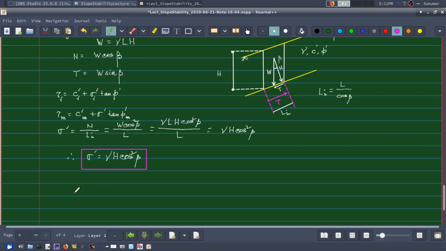Similarly, what will be my shear stress acting? Remember, it is not shear strength, it is shear stress, so it is based on the driving force.